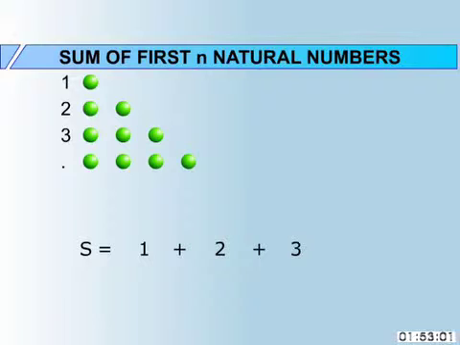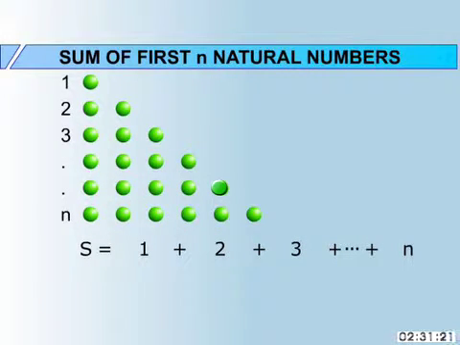If we have one more natural number, other than 1, 2 and 3, then the sum of these natural numbers s is equal to 1 plus 2 plus 3 plus the next natural number. If we have two more natural numbers other than 1, 2 and 3, then s is equal to 1 plus 2 plus 3 plus 2 next natural numbers.